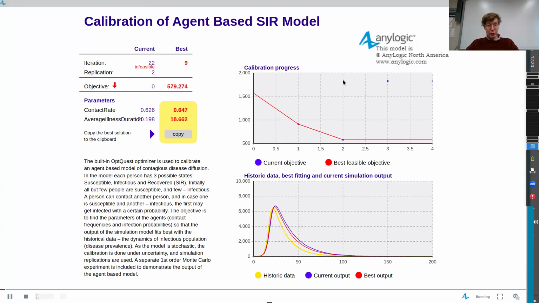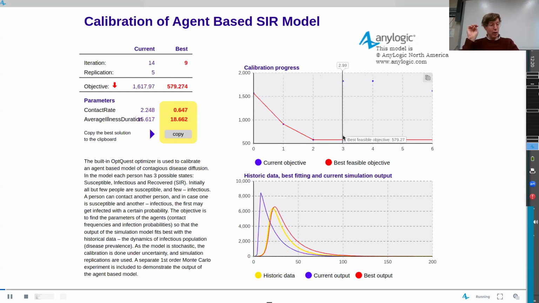I believe there's a genetic algorithm behind the OptQuest strategy. If you're interested, OptQuest, as I noted earlier, is a widely used engine for global optimization within operations research. It is described in the academic literature.